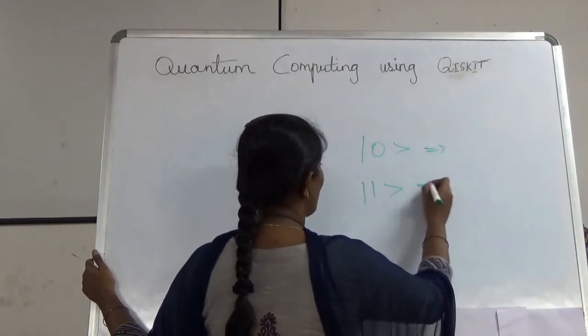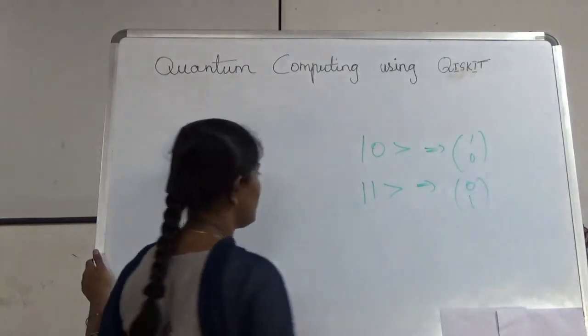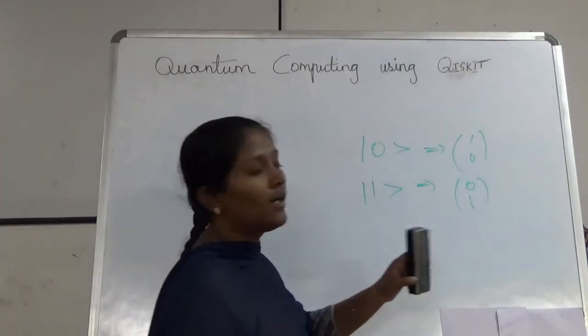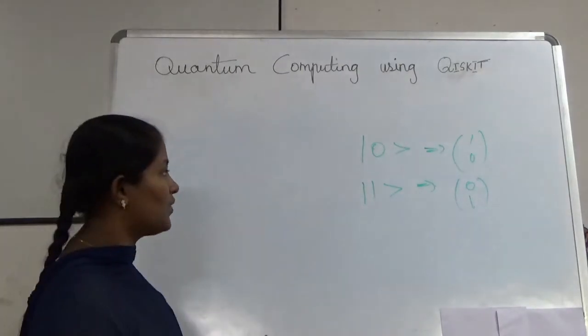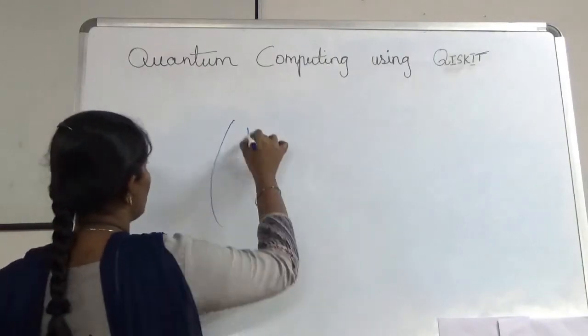The corresponding matrix representation is 1 0 and 0 1. Based on this matrix representation, the gates perform their operations. We will see the gates one by one.